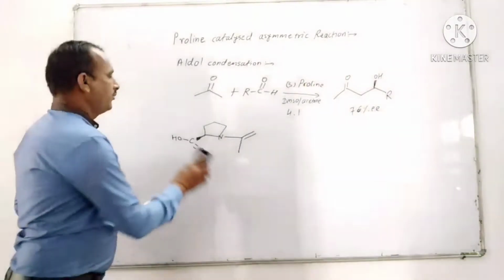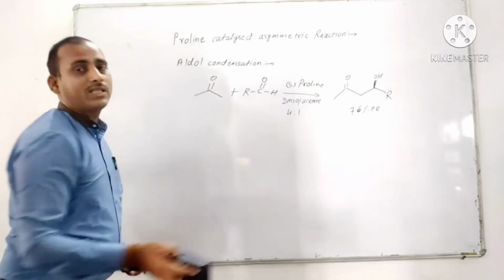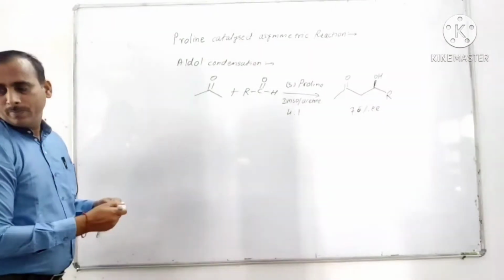So let's see the mechanism through the 6-member transition state.